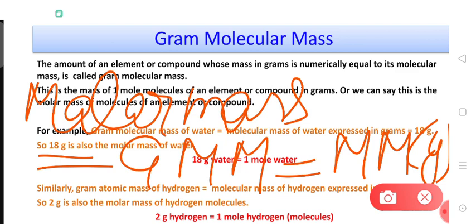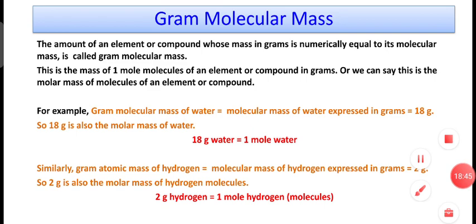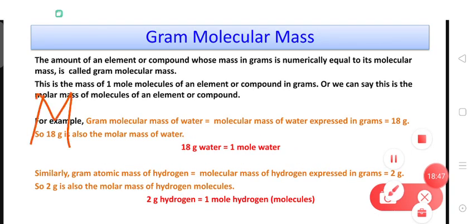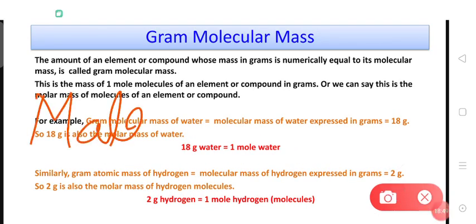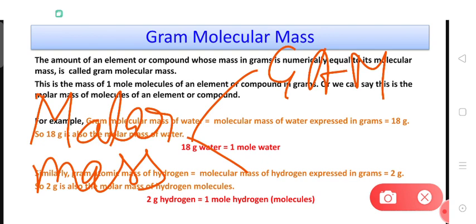Now you should think: molar mass is equal to either gram atomic mass or gram molecular mass or gram formula mass, depending on the representative particle of the substance. Suppose we have to calculate the molar mass of any substance, then it will be equal to gram atomic mass if the substance exists in the form of atoms, or if the mole is of atoms.